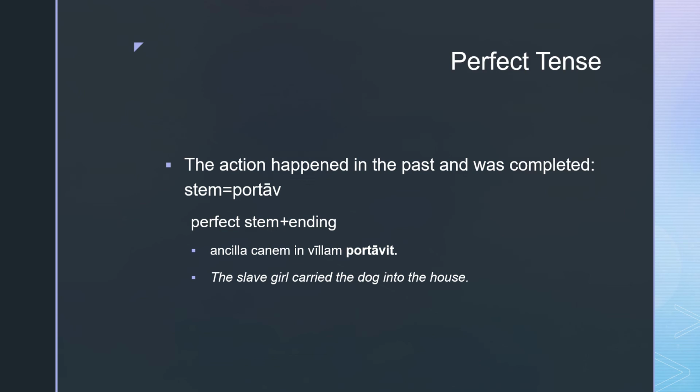Whereas from porta, from the present and the imperfect, portat, portabat, the stem was the same. To go down to the perfect tense, I've changed the stem using that third principal part. And then you just add those endings we talked about earlier too. So ancilla canem in villam portavit. The slave girl carried a dog into the house. Completed action.